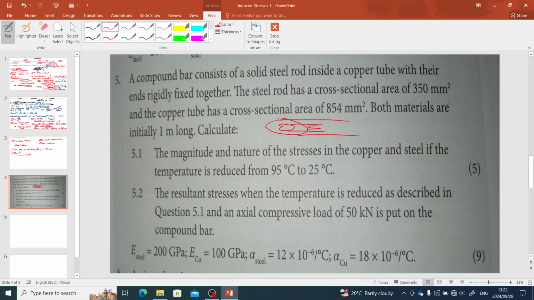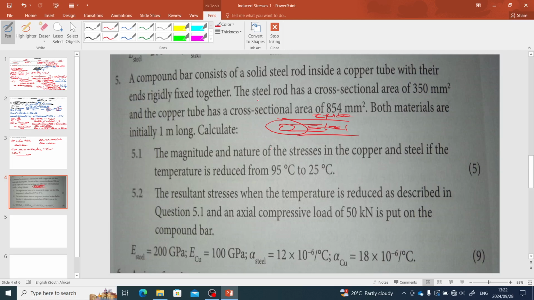That's exactly what we have. Then we need to establish which one is solid, which one is not. A compound bar consists of a solid steel. It means inside here we are having the steel, a rod inside a tube, a copper. Then this one would be the tube. Okay, the copper would be the tube. This is what we have there.